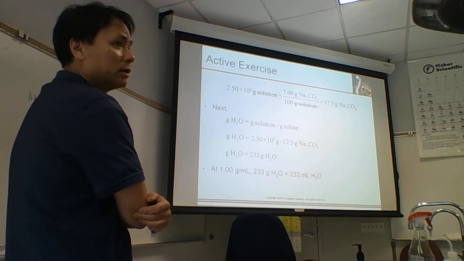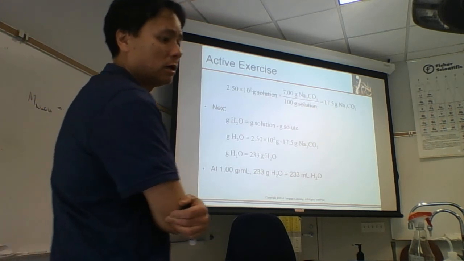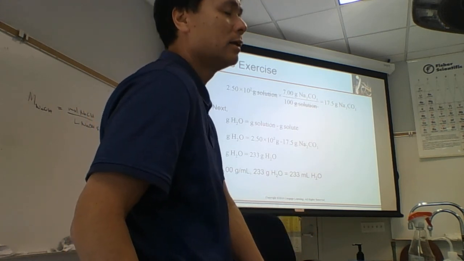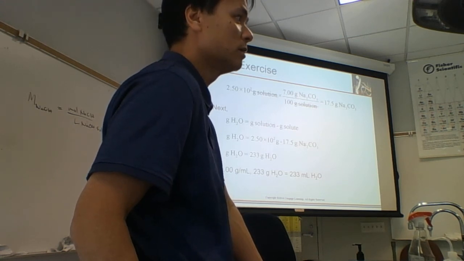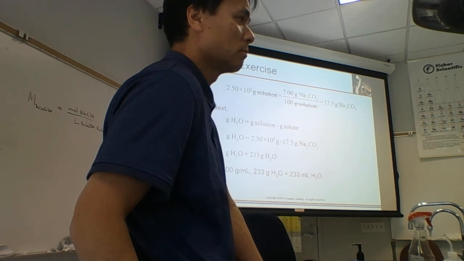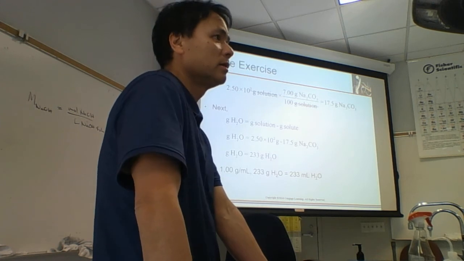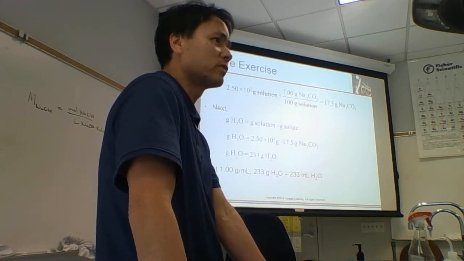But when you take a solid, are the volumes additive? Let's say you took a milliliter of salt crystals and added that to a milliliter of water. Are you going to get 2 milliliters of a solution? Or let's say you took 3 milliliters of sugar cubes and added that to 100 milliliters of coffee.